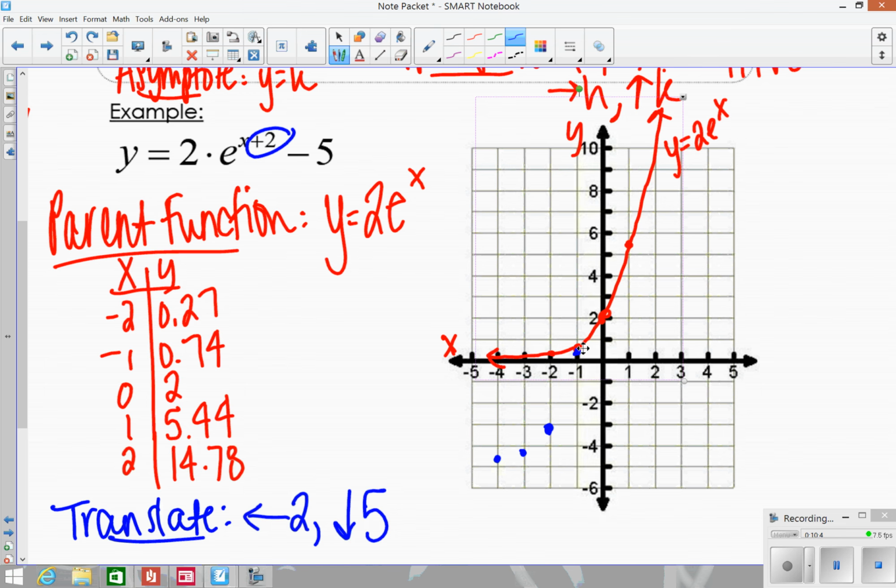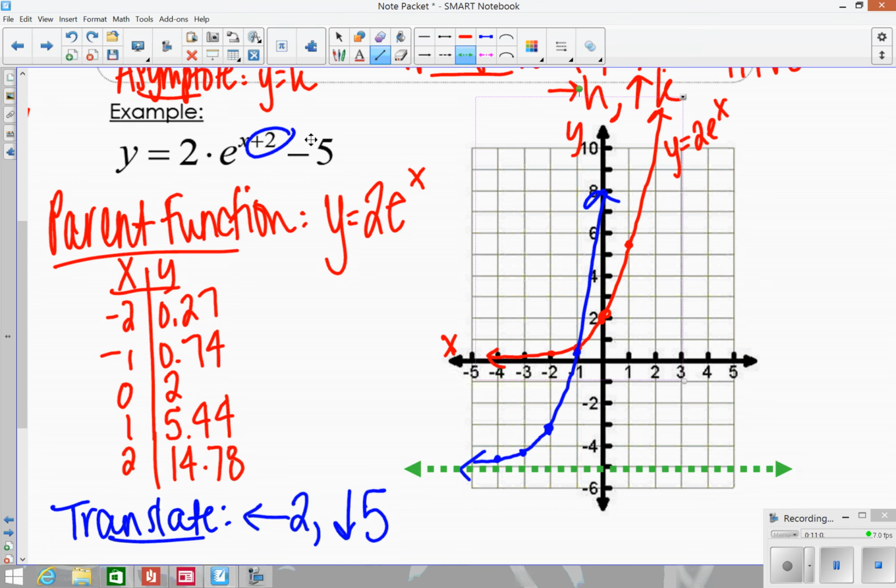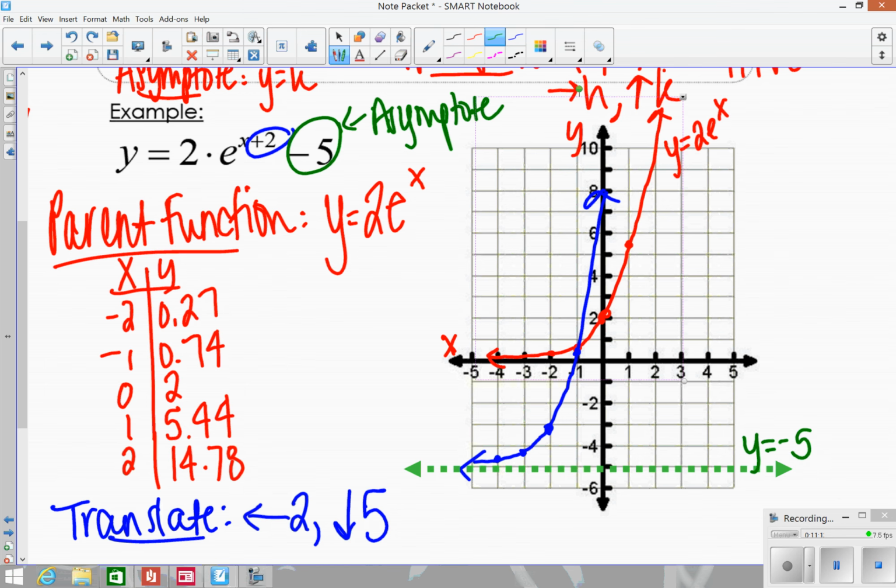And then we know that it's just going to keep on increasing upward, leveling out down here. And my asymptote is going to be down here at -5, because remember, whatever that number is at the end, that's your asymptote. So y equals -5 is the asymptote. Your graph will never cross that.